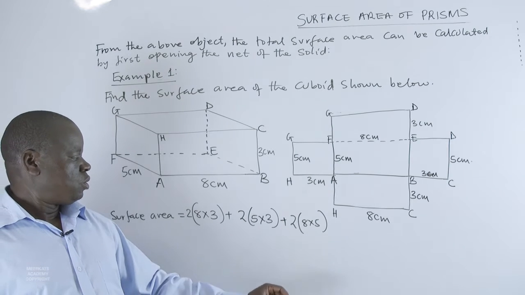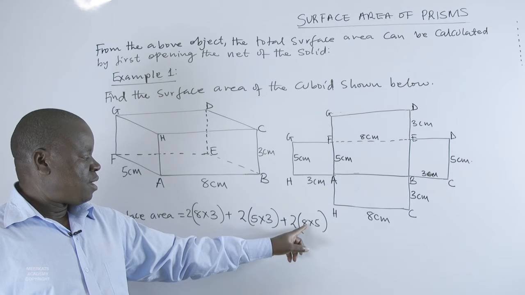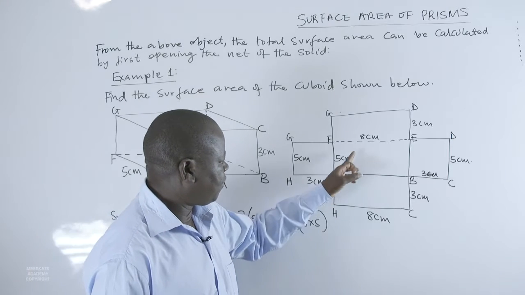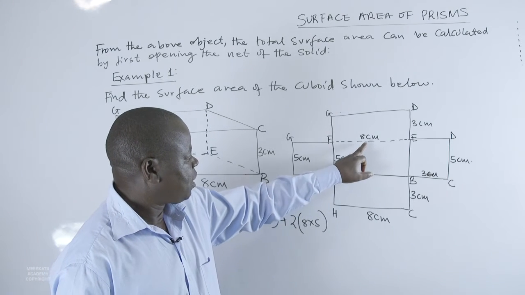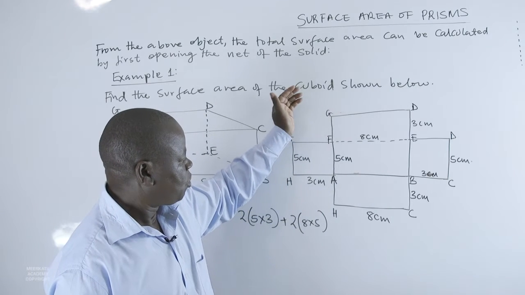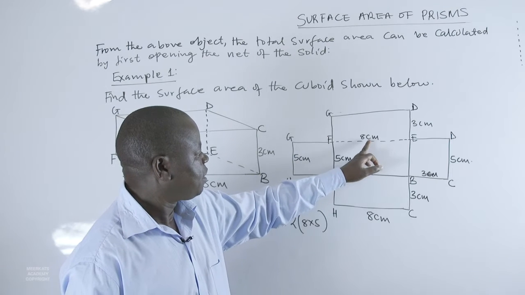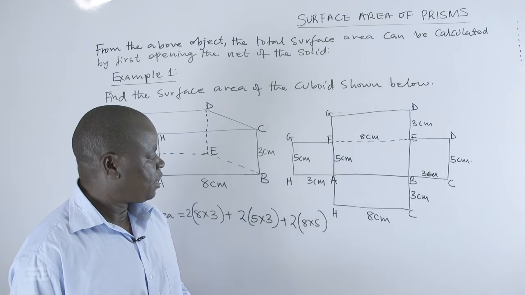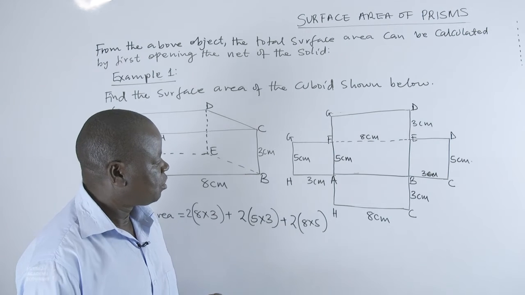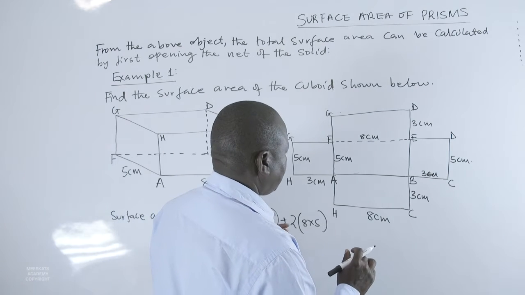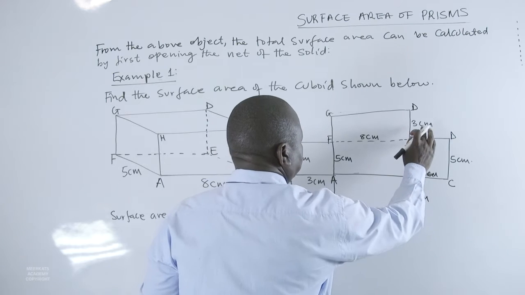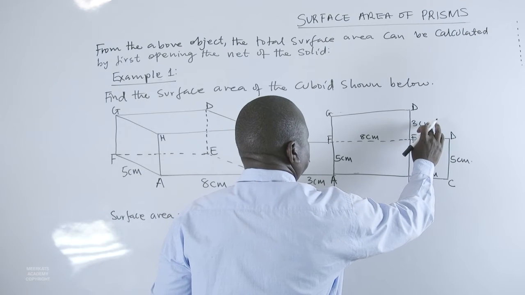Plus two into 8 times 5. How do we get that? We have two planes, 8 by 5. We have this plane here, 8 by 5 as our plane. And then we have another top. This one here.